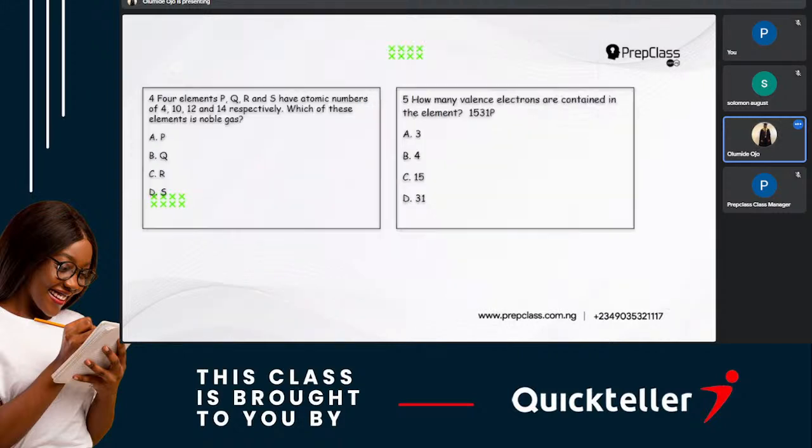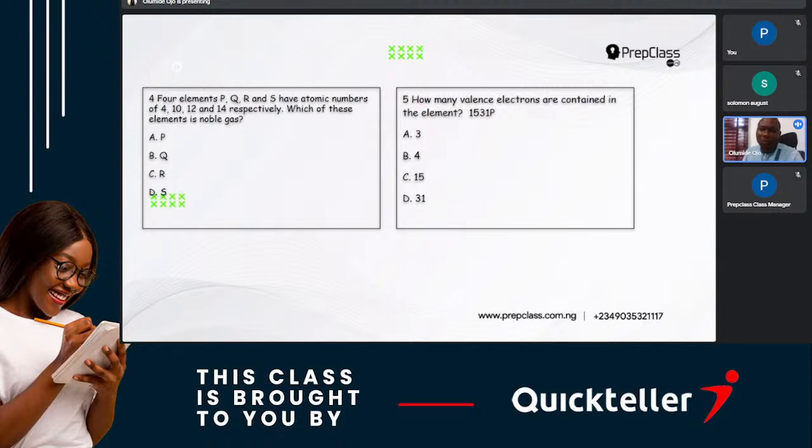Next question. Number 4. Four elements P, Q, R, and S have atomic number 4, 10, 12, and 14, respectively.